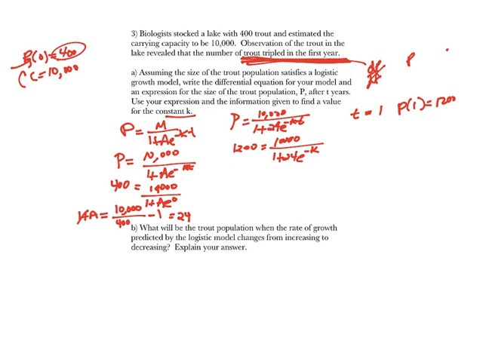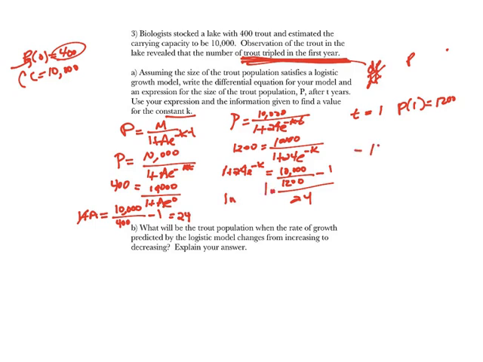So again, I'm going to multiply by 1 plus 24 e to the negative k and divide by 1,200. So I'll have 1 plus 24 e to the negative k equals 10,000 over 1,200. So I'm going to subtract 1. I'm actually going to divide by 24. So that's e to the negative k. So I will take the natural log of both sides.